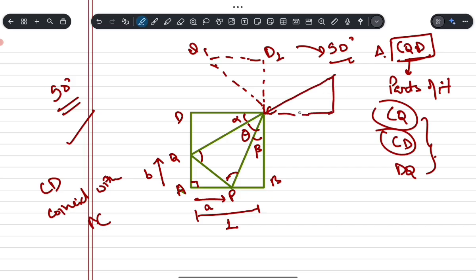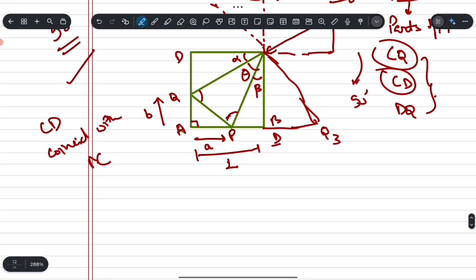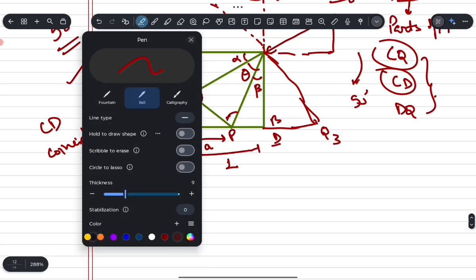Perfect. And once again, if we do it by 90 degrees, we'll have this diagram. So this is what we need. This is the final position of Q, Q3, and D came here, coincided with B. Now, let me just change the color. I want you to look at two triangles.